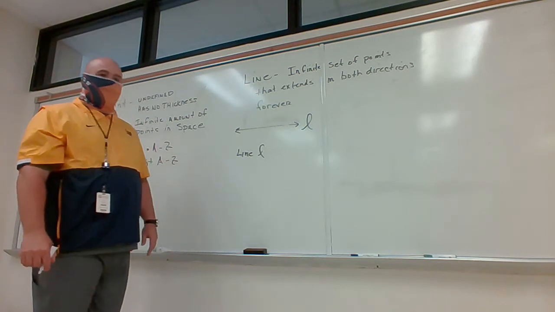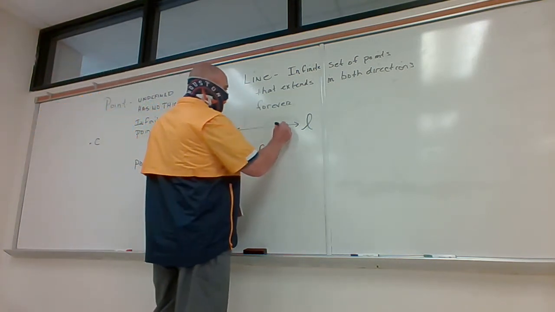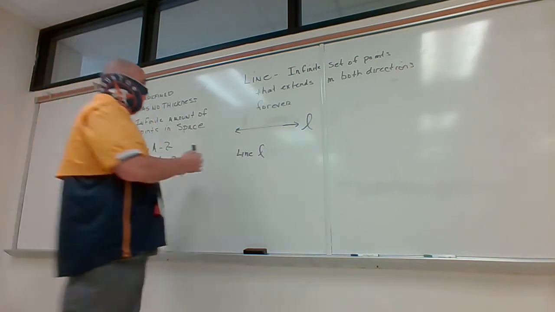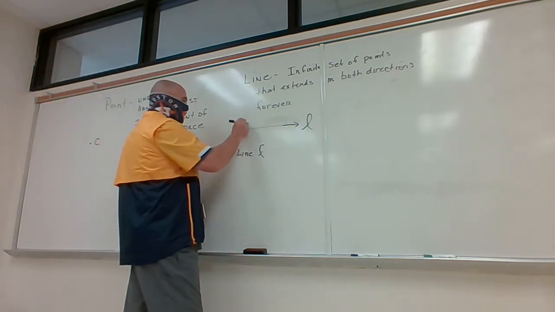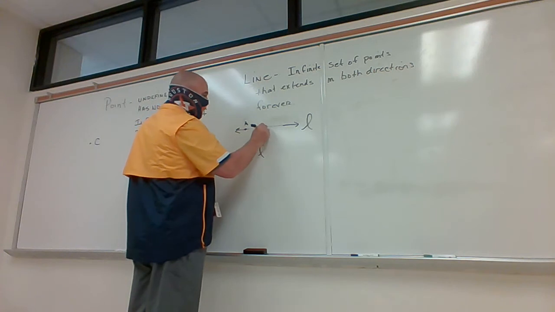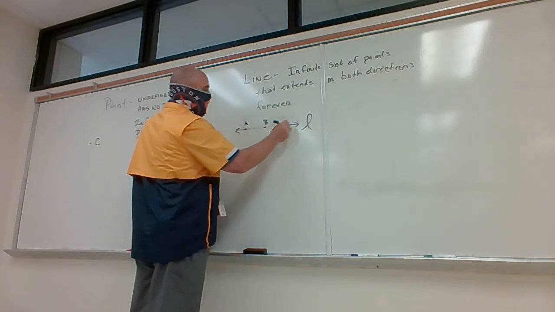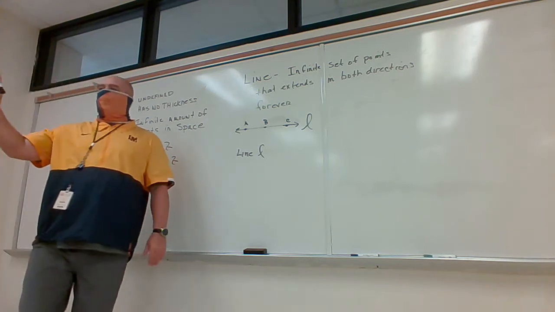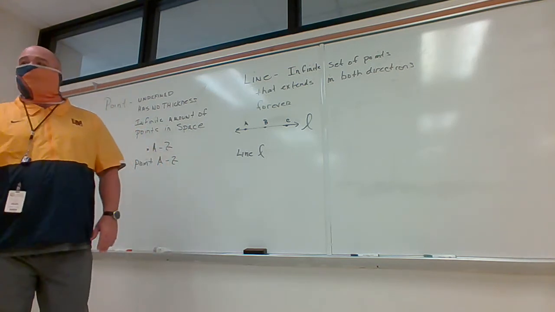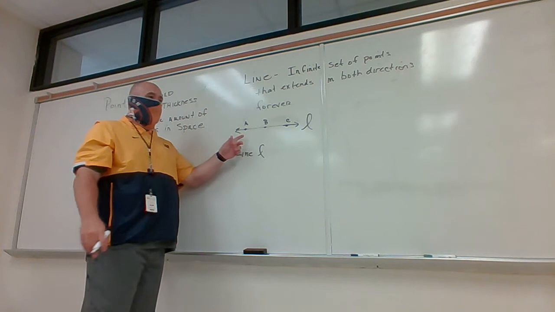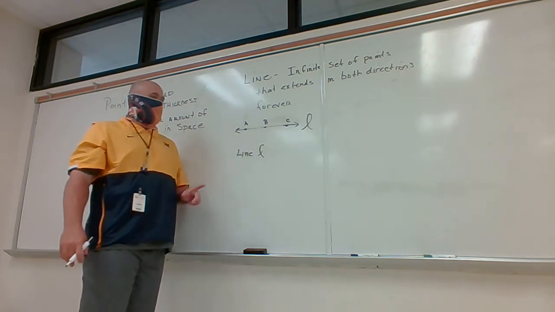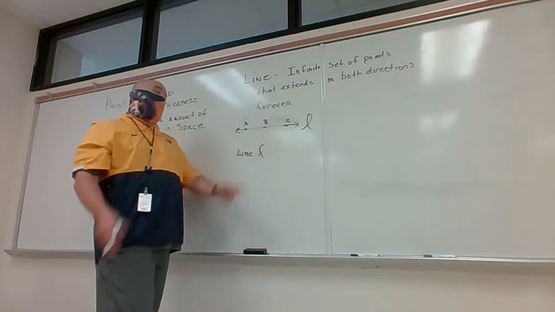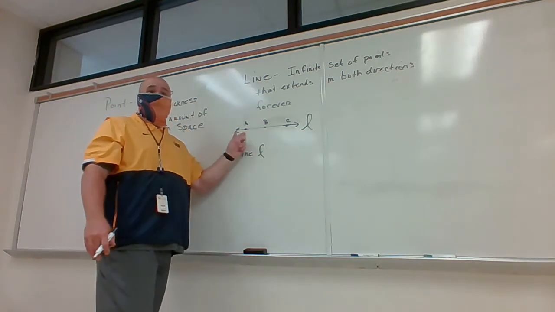Okay? The second way to name a line is pick 2 points on that line. So let's say line L has point A, it has point B, and it has point C on it. I pick any 2 points I want, preferably in alphabetical order. This could be line AB. This could be line AC. This could be line BC. It could also be line CB or CA.